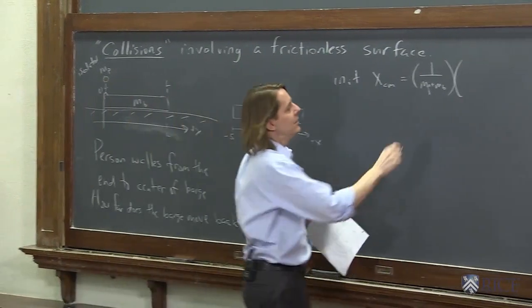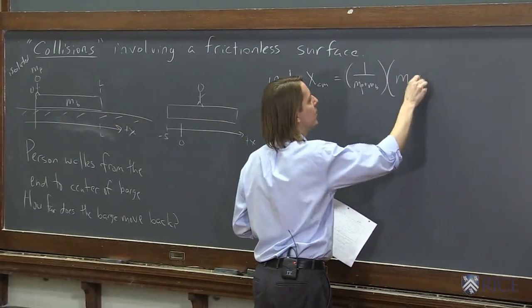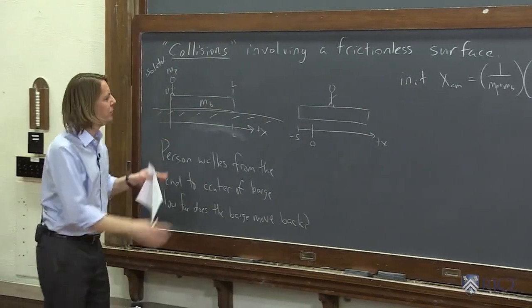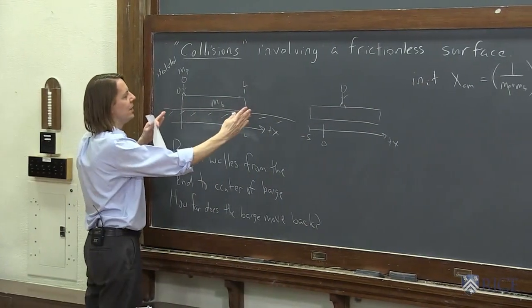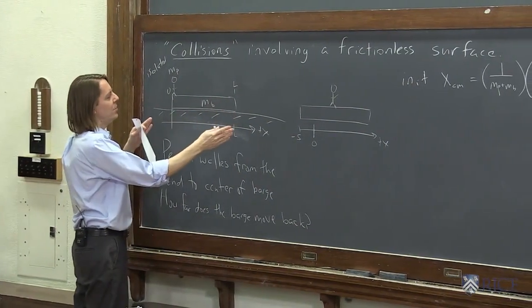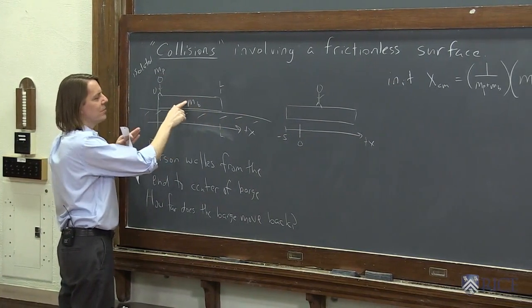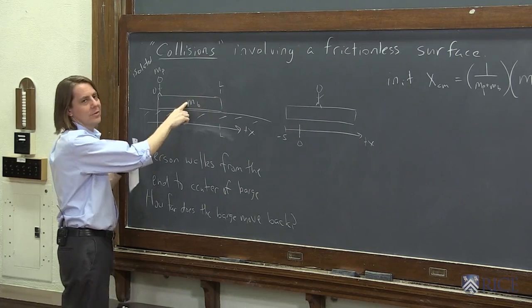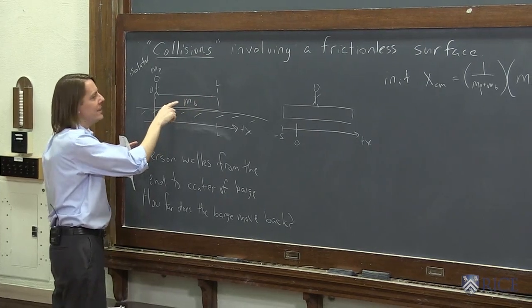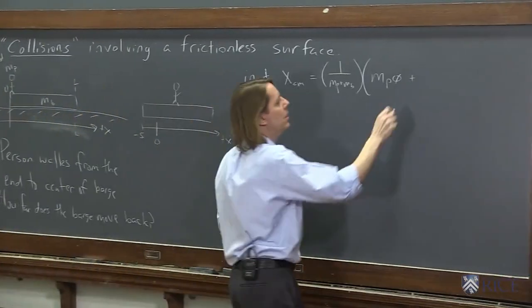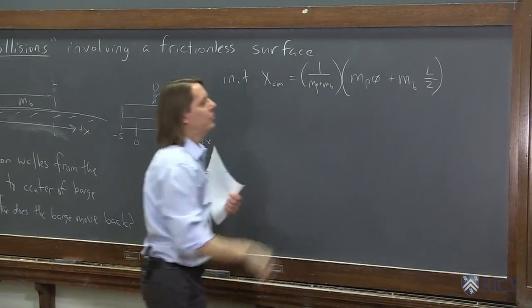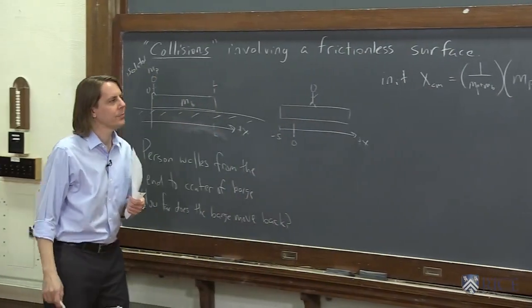So that's m of the person times 0, plus now we got to do the barge. Well, if we assume its mass is uniformly distributed, we can think of it as a rod, and we know its center of mass is at the center, and we know as an isolated object itself, it acts like all its mass is at the center. So this would be mb times L over 2. If we treat it as a point particle, it's at L over 2.